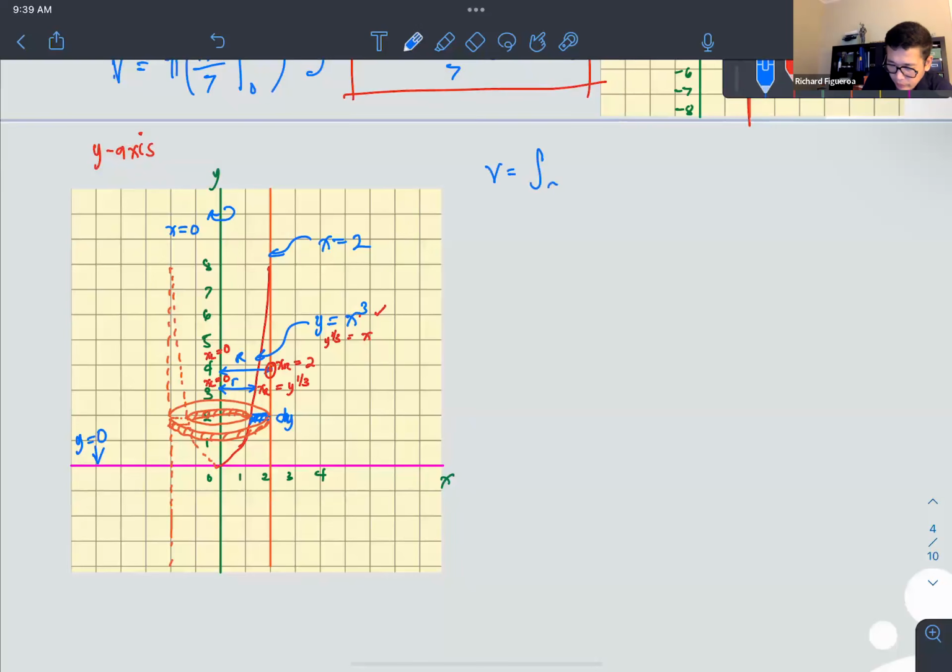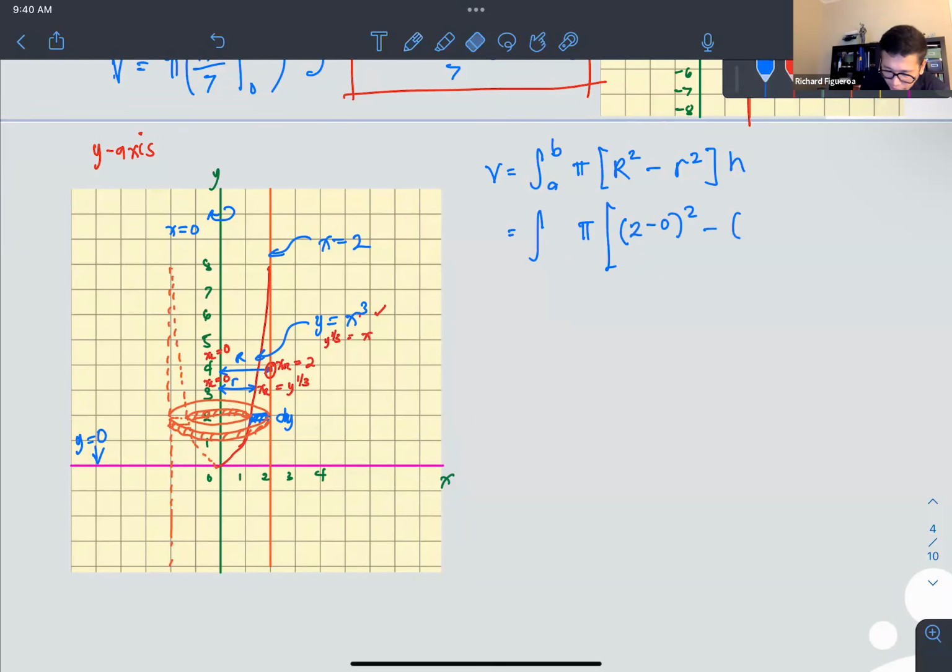So volume will be from a to b, pi times big R squared minus small r squared, times the height. Okay. So pi, ang capital R natin, that is XR minus XL. So ang XR natin, that is 2 minus 0, so 2 minus 0 squared. And minus ang smaller r natin, y raised to 1/3 minus 0 squared.